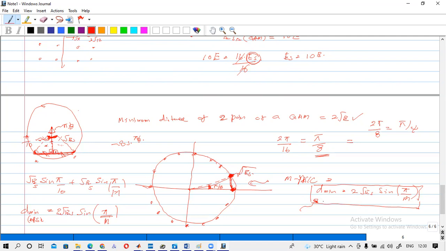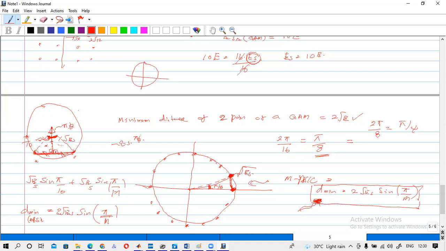Are you clear? I think you better try this at home as an exercise, so you can prove this for any M-ary PSK value.